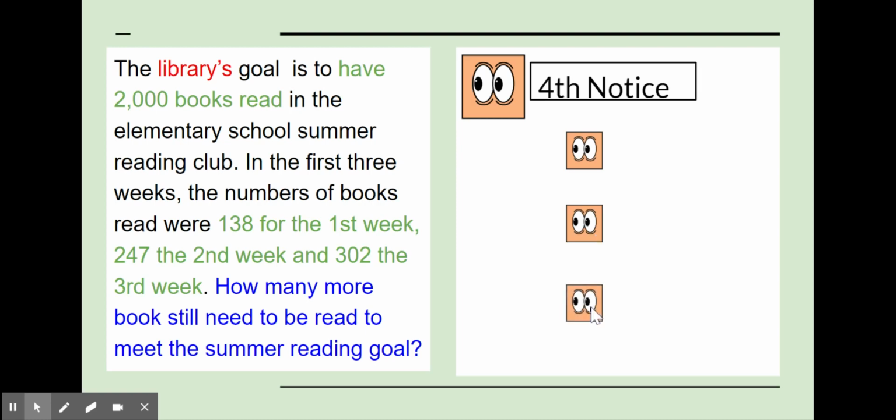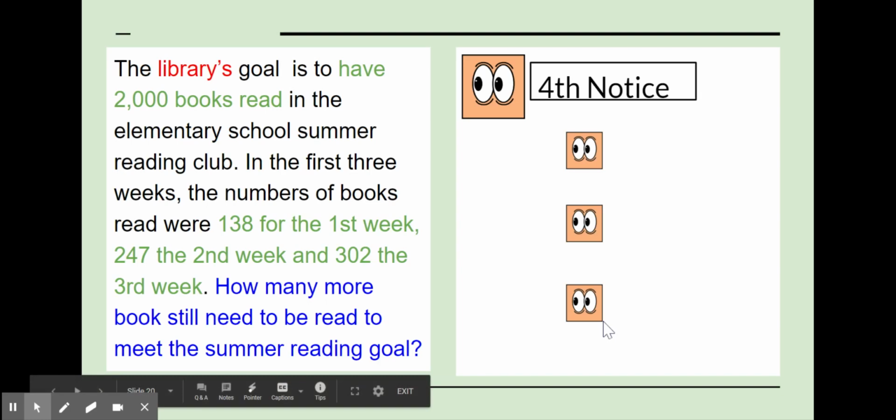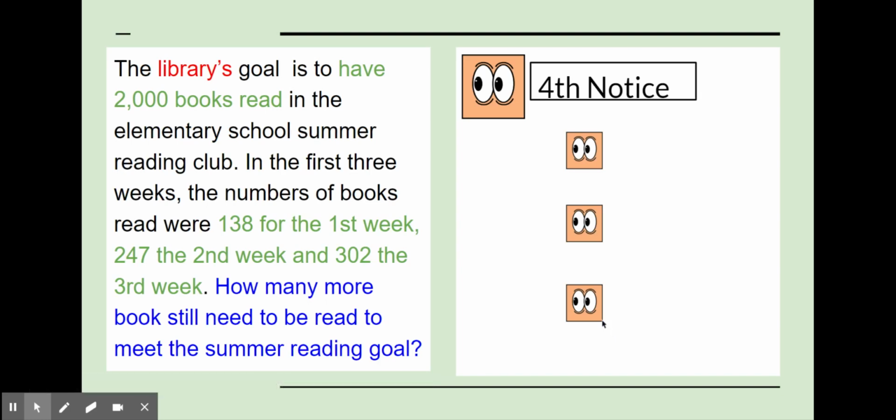And in our third look is where we solved the problem, and we added 138 plus 247 plus 302 to get 687 books already read, and we subtracted 687 from 2,000 and got 1,313 books that the library still needs to read to reach their goal.